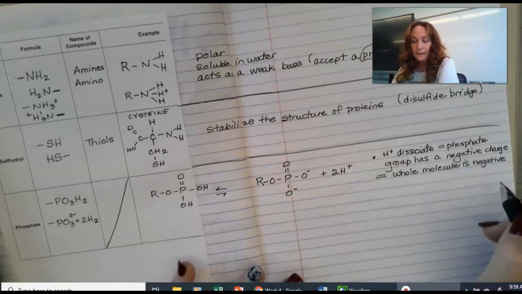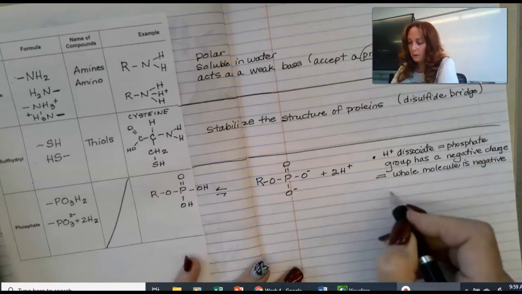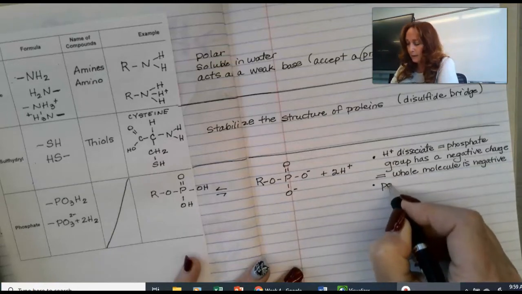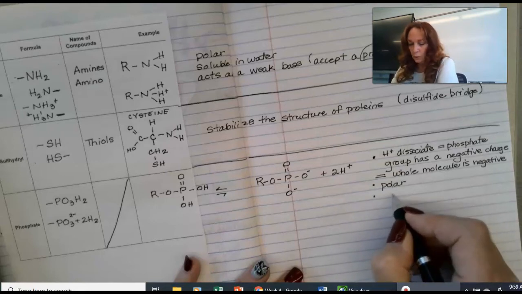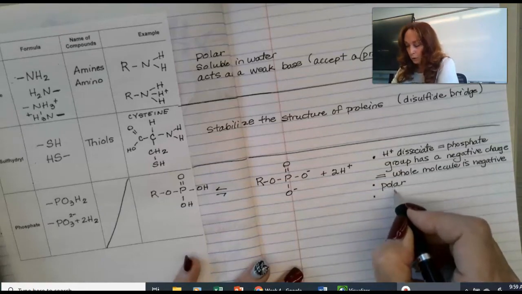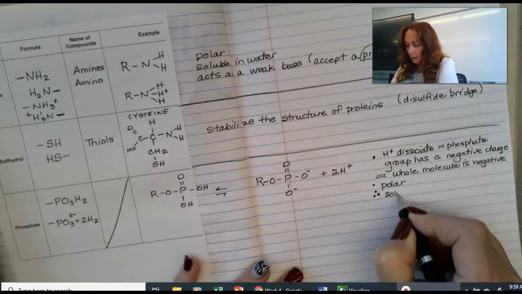So that being the case, as soon as I mention that there's a charge involved, then you're going to have something that's polar. So anything polar, I'm going to put therefore, is going to be soluble in water.